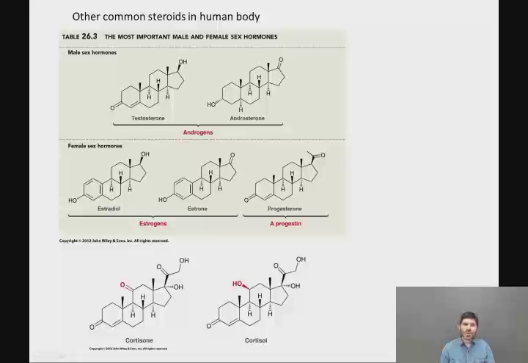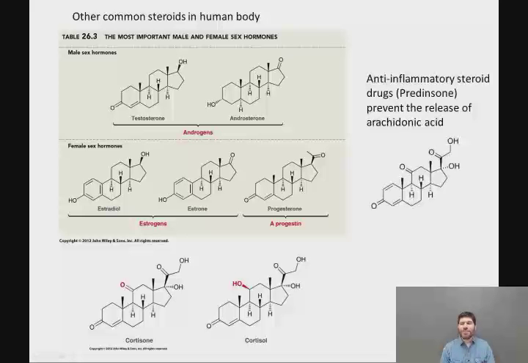Sometimes cortisone itself is given therapeutically as an injection, but more commonly, the anti-inflammatory steroid that is administered as a drug is called prednisone. So it looks a whole lot like cortisone. The only difference between them is an extra double bond in the A ring in prednisone.